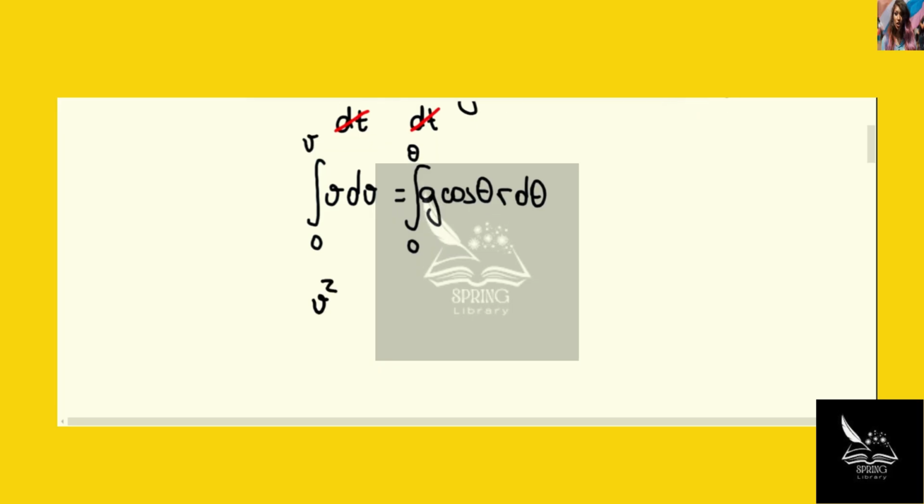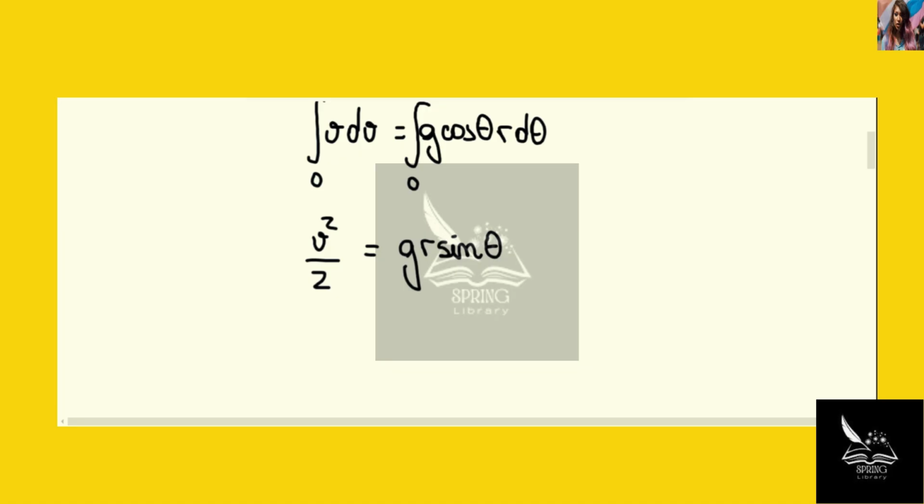So we have v squared over 2 is equal to g r sine of theta. So v is equal to the square root of 2g r sine of theta.